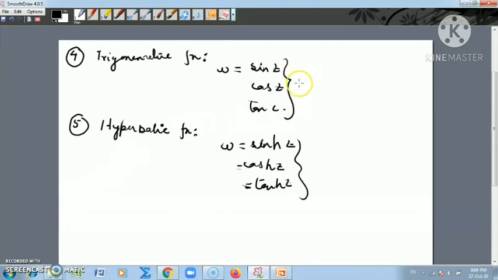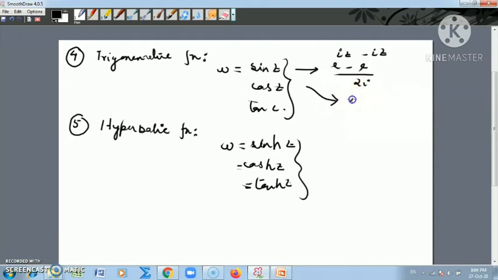Sin z is e to the power iz minus e to the power minus iz divided by 2i.